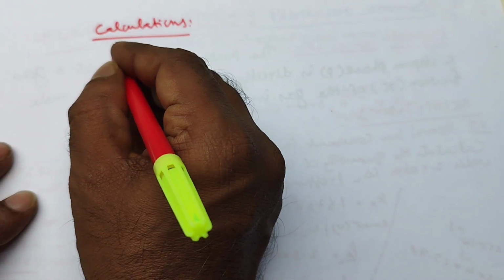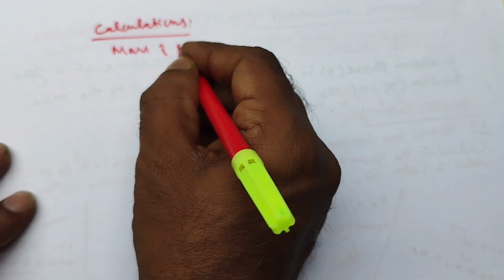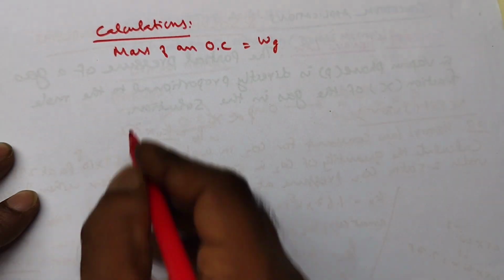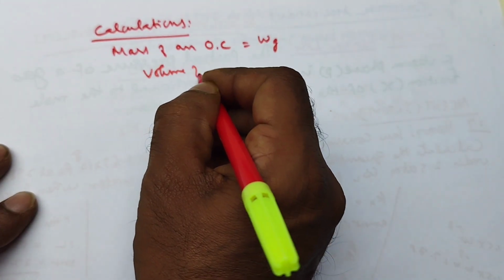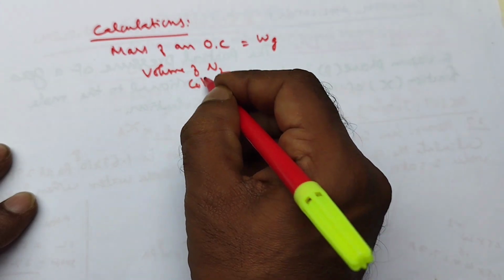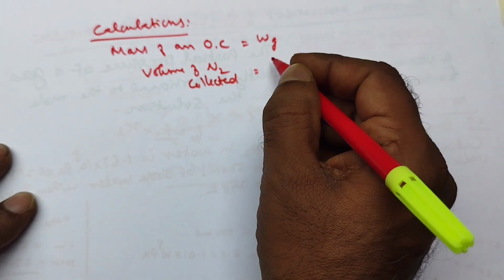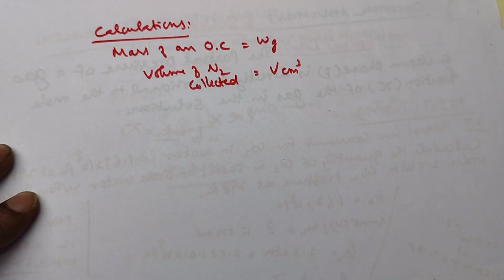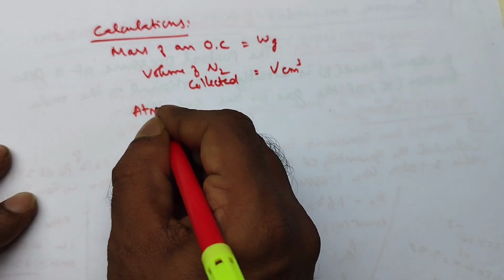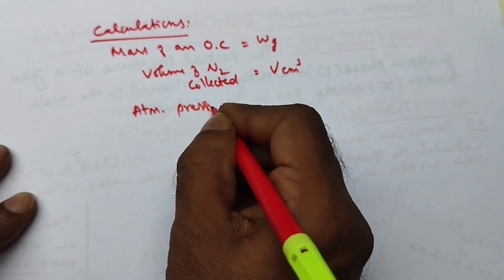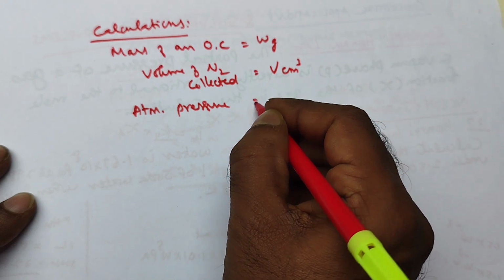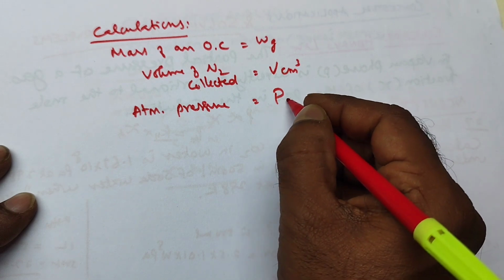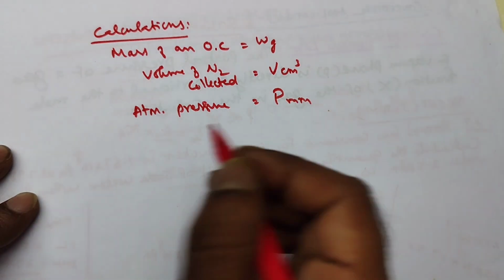The mass of the organic compound is W gram, and the volume of N2 collected is V centimeter cube. The atmospheric pressure, read from the barometer, is capital P mm of mercury.